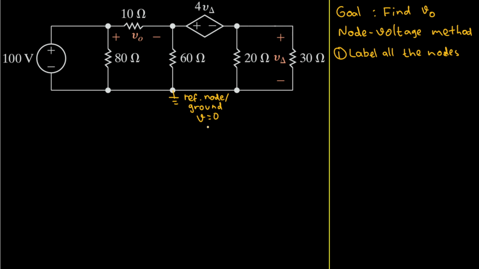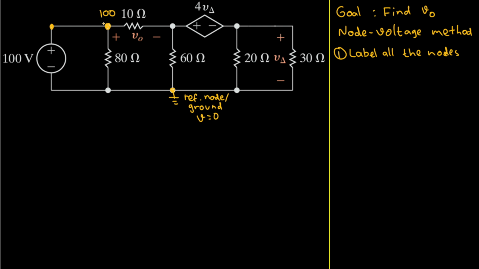Okay, but then what can we get from here if this is our reference node? The voltage here is 0, and this one is 100 volts higher than 0. So I will have this one here is 100. Or I can also write it here because this is the same node, right? It is connected to a cable. So I will have this one here is 100 volts.